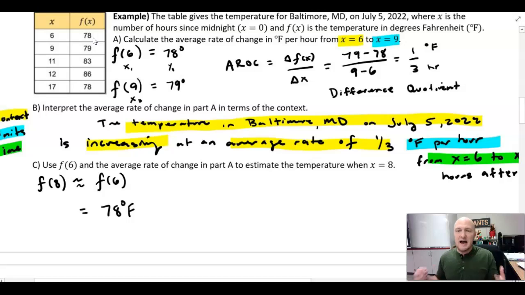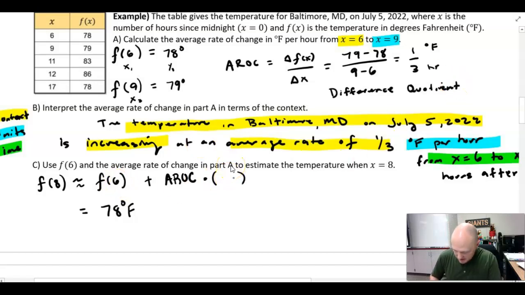And then I'm going to use the average rate of change. We just found that the average rate of change from 6 to 9 was about 1/3 a degree per hour. So what I'm going to do here is add the average rate of change times the amount of x values that I have to cover.